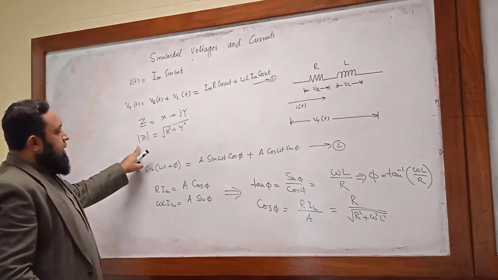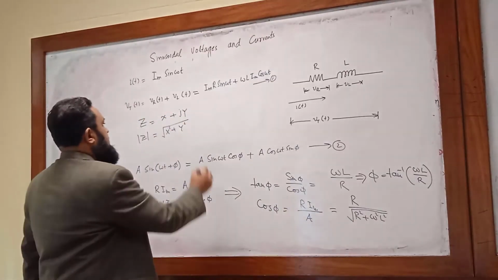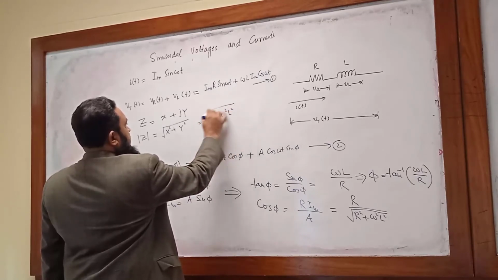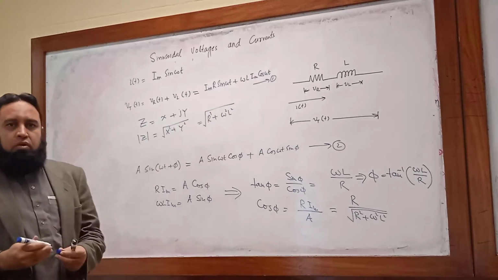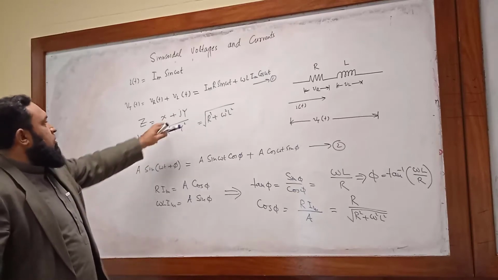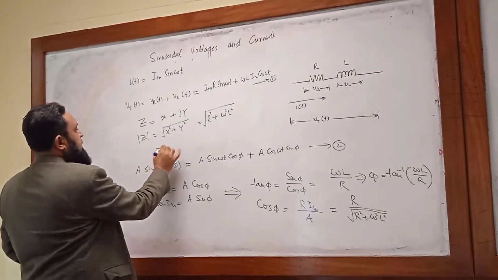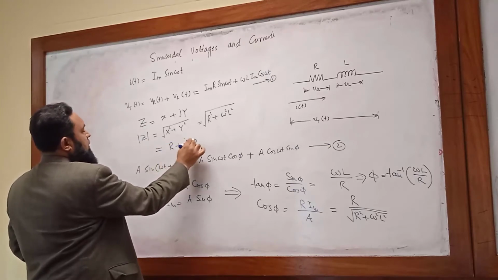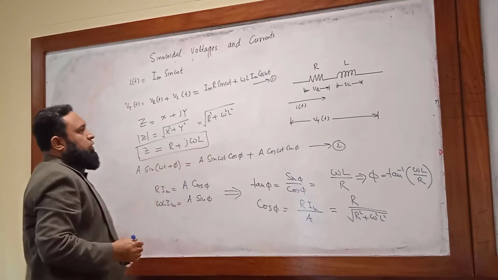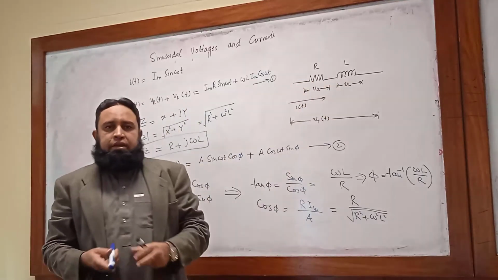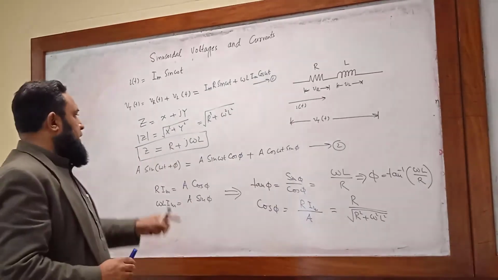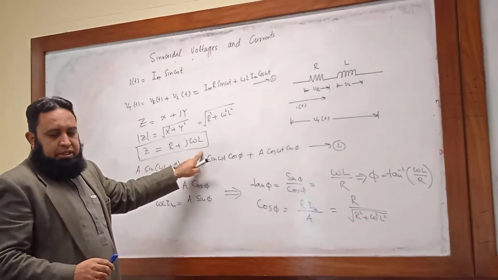Just look at this value, which is equal to the square root of R square plus omega square L square. So we can represent this as R plus j omega L. So if you include inductance with a resistance, this leads to a complex impedance, and it is represented by this representation.